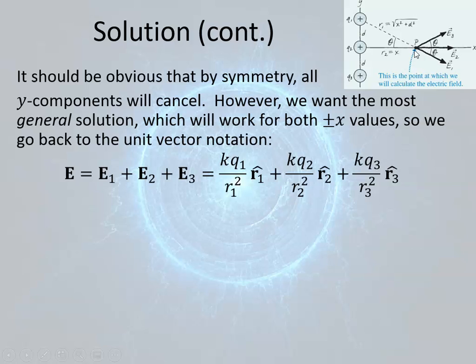Now, hopefully you don't have to think too hard about figuring out what we would call r2 hat, except there's a little trick there that makes things a little subtle.